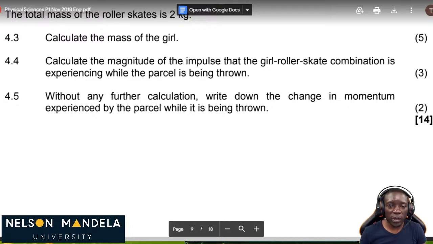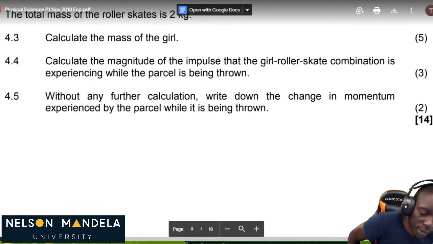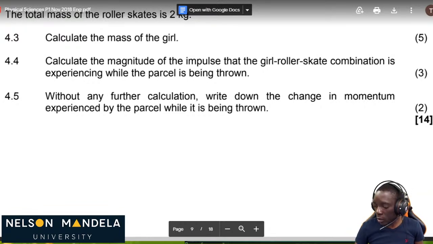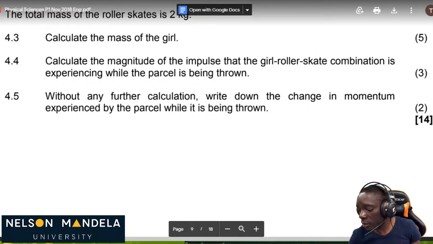Take note, the key word there is magnitude. So impulse, what is impulse? What is this quantity we call impulse?